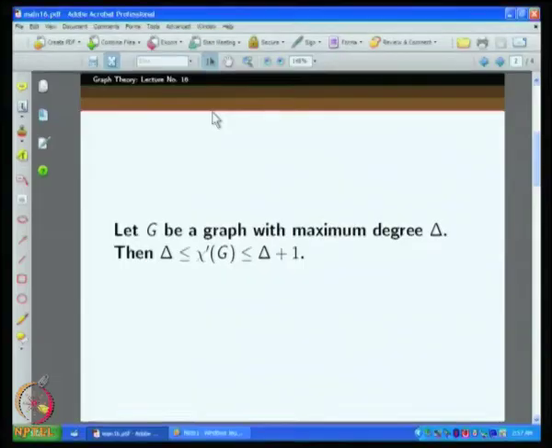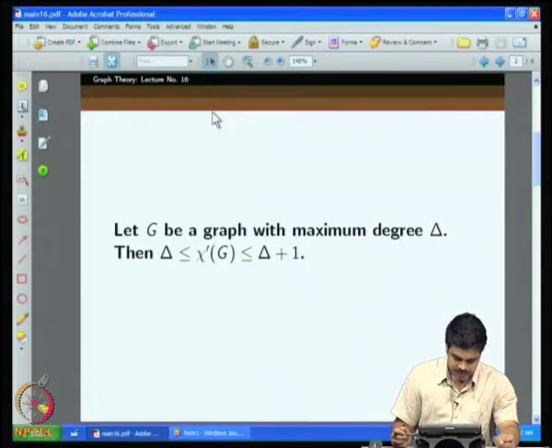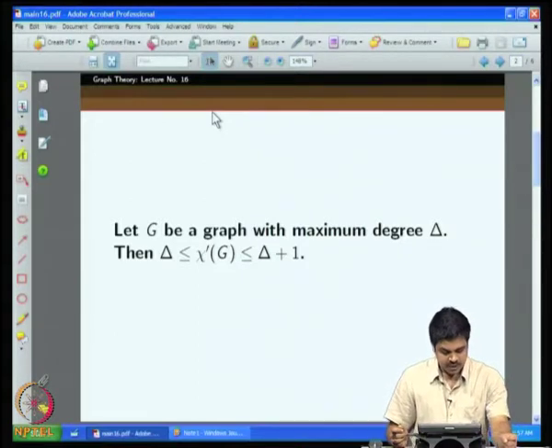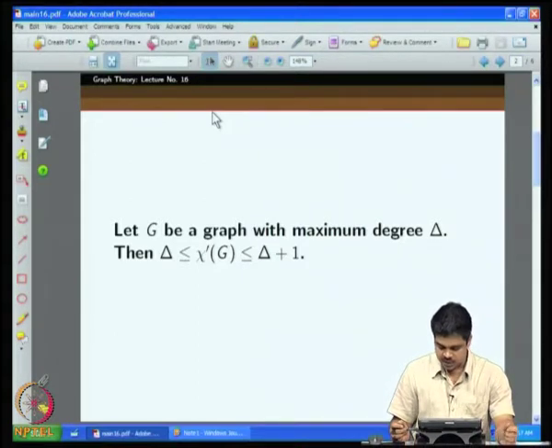In the last class we were looking at Vizing's theorem. Let G be a graph with maximum degree delta, then its chromatic index chi dash of G is in between delta and delta plus 1, that is, either equal to the maximum degree or one more than it.